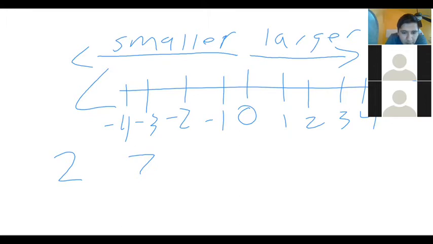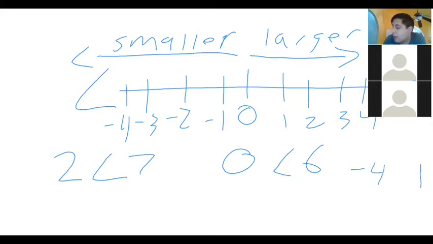So 7, yeah, right. If we compare 2 and 7, that means 7 is bigger, just as with 0 and 6, we compare those two, and 6 would be bigger. But if we see something like -4 and 1, which one of those numbers is bigger? 1.